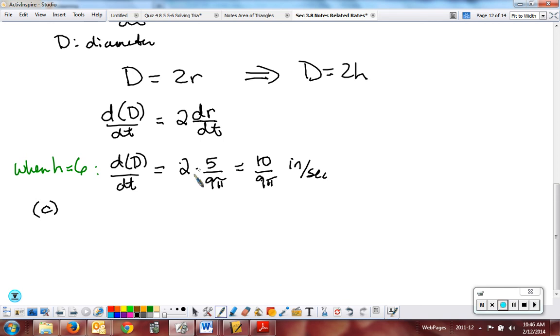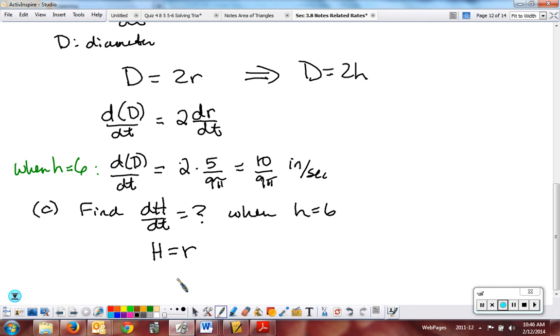What are we trying to find in C? Find dh dt when h equals 6. Your gut feeling is you already know this answer, and you do. But why do we already know this answer? The equation relating my variables is h equals r.